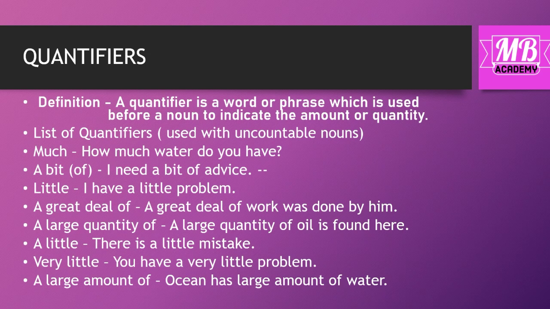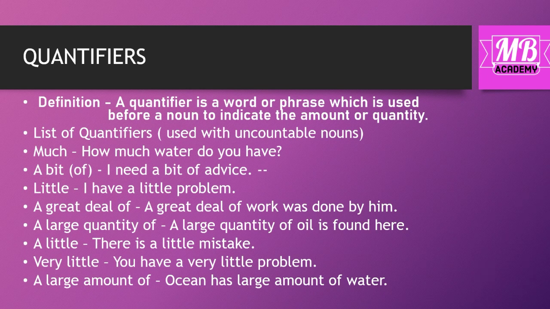A bit of: I need a bit of advice. Little: I have a little problem. A great deal of: a great deal of work was done by him. A large quantity of: a large quantity of oil is found here. A little: there is a little mistake. Very little: you have a very little problem. A large amount of: the ocean has a large amount of water.